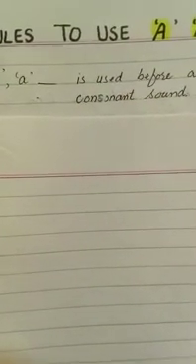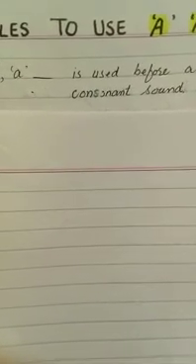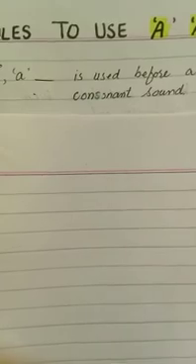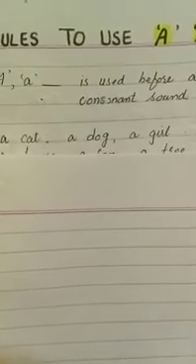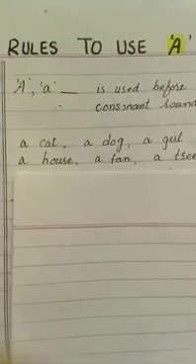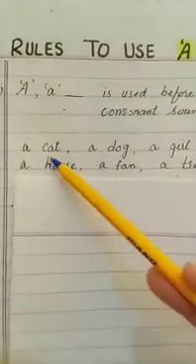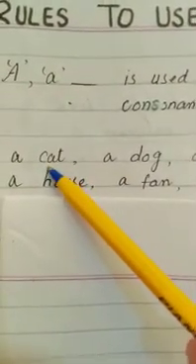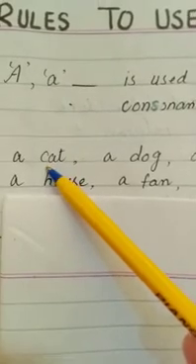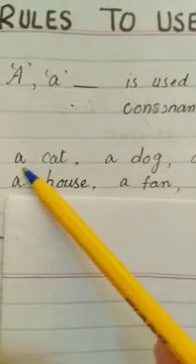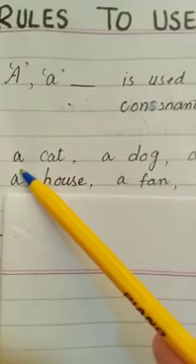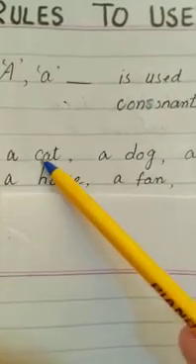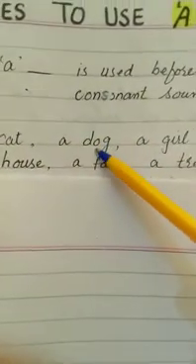Dear students, if you remember, in my last lecture I taught you about the sounds, consonant sound and vowel sound. Now see what consonant sounds are. Examples are here: a cat. Cat is a noun and it is starting with C and C is producing a consonant sound. That's why I put article a, not an. A cat. Similarly, dog.